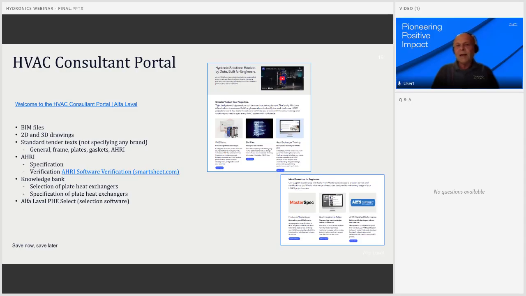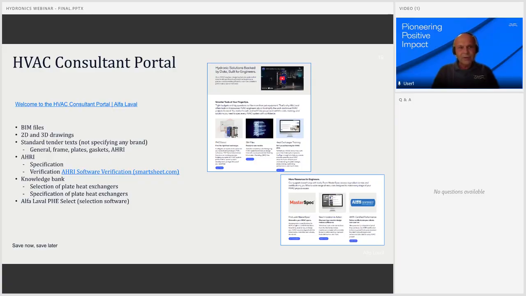But just to give you a short overview, the portal will have BIM files. We have the 2D and 3D drawings. We have a standard tender text driven by MasterSpec. It's not specifying any brand. It's open for usage. It's downloadable.